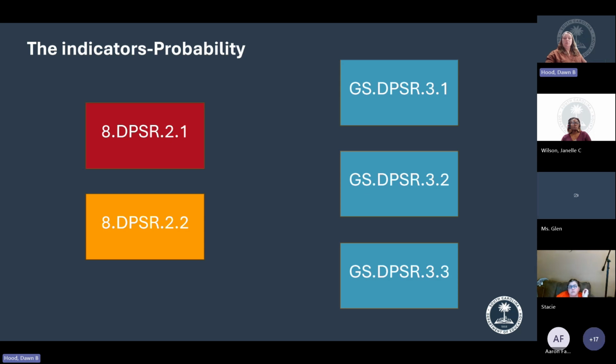So DPSR 3.1 says describe categories of events as subsets of sample space. So they're going to go together a little bit, and then these three will work together to help students understand independent and dependent events.